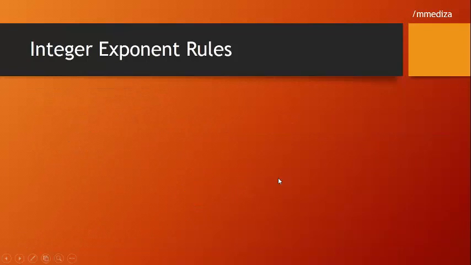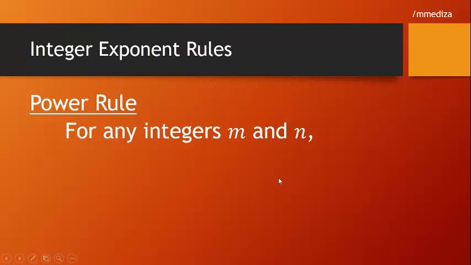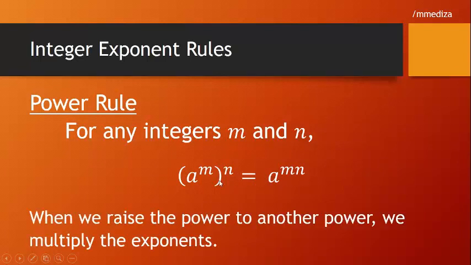Another integer exponent rule is the power rule. For any integers m and n, a raised to m, raised to n, is equal to a raised to mn. When we raise a power to another power, we multiply the exponents.